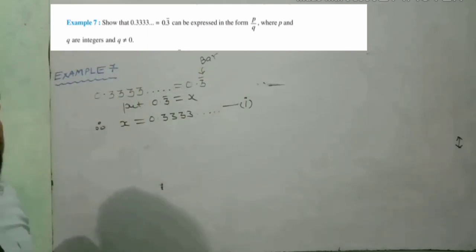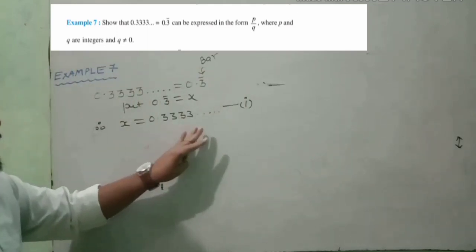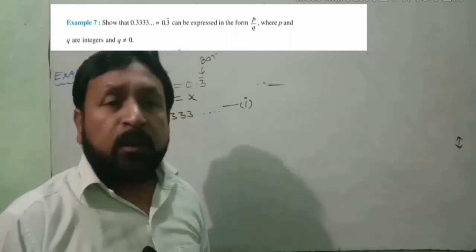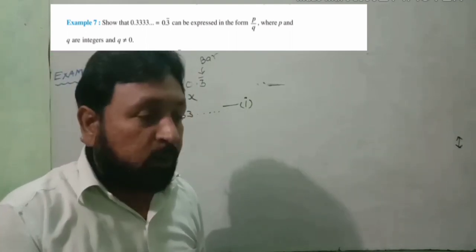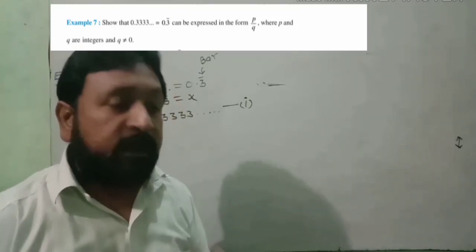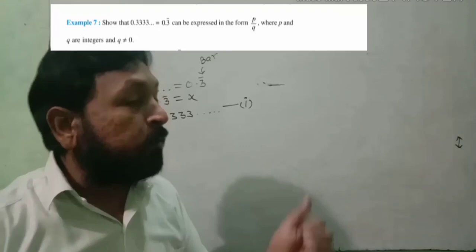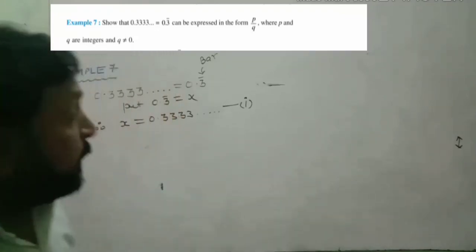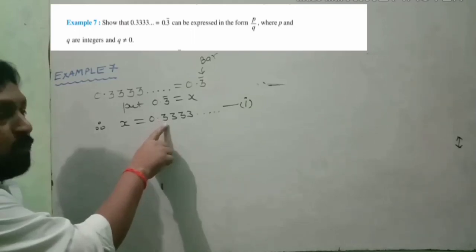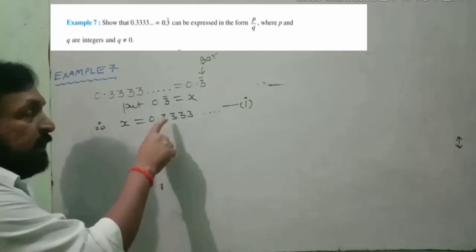Okay, second step: now we have to multiply equation 1 by 10, 100 or 1000, but not according to our mood. We have to multiply it by 10, 100 or 1000 according to the question. How? See, how many digits are repeating here? Single digit, no? 3, 3, 3, 3.